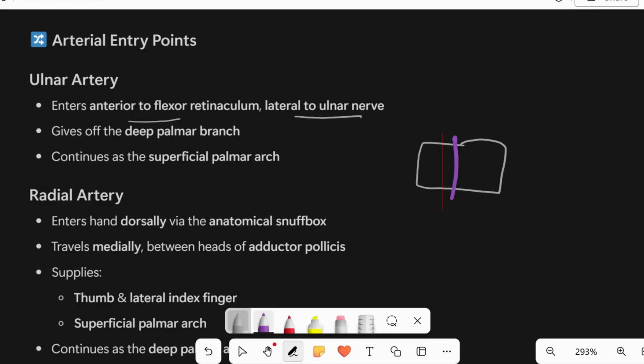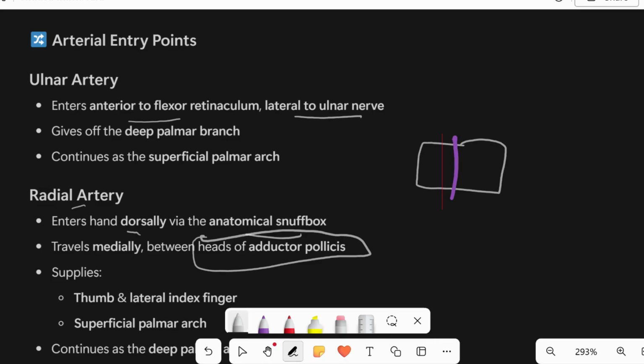Regarding the radial artery, it enters the hand dorsally from the anatomical snuffbox and it travels medially between the two heads of the adductor pollicis. So these important landmarks of muscles are very important because they can be asked in multiple MCQs.